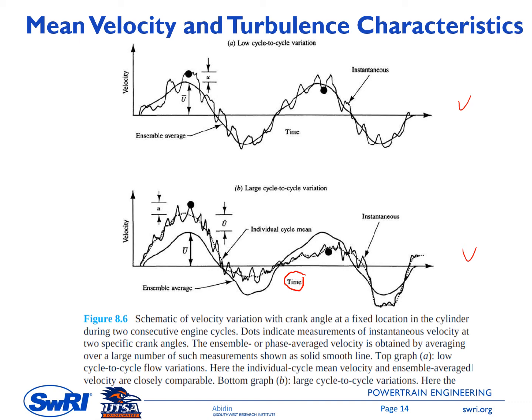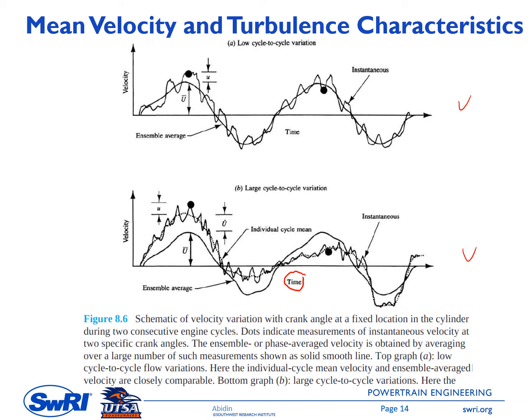Let's take a look at the upper figure here. We don't see the dotted line representing the instantaneous velocity, because the dotted line coincides exactly with the ensemble average. The ensemble average here is the average over a large number of such measurements, so a large number of engine cycles.